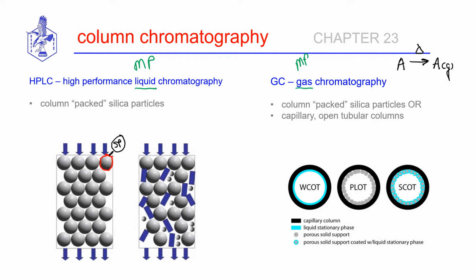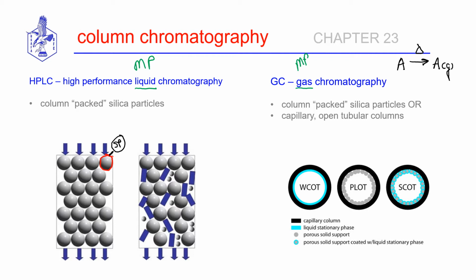In the packed columns, the spherical particles pack very efficiently, and we want to minimize the size of the particles to also enhance a number of things: the surface area of the stationary phase, as well as the efficiency of the packing.